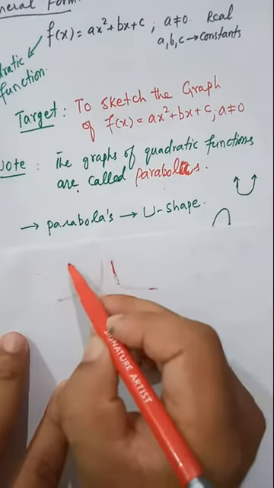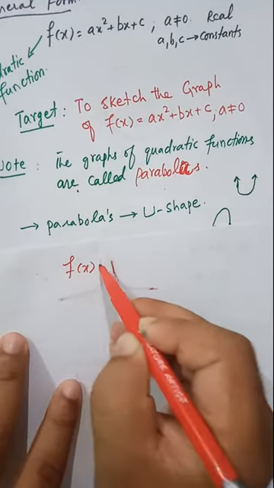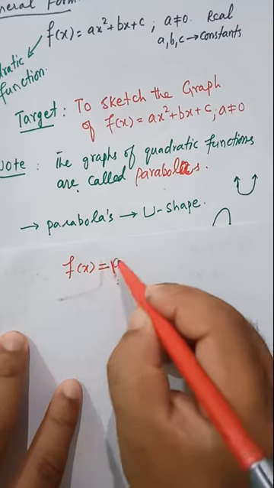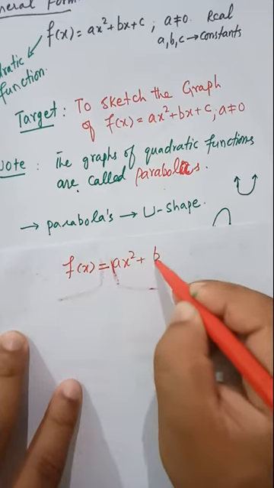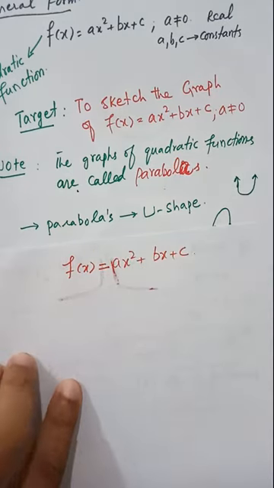The general form is f of x is equal to ax square plus bx plus c. Now we make this a complete square.